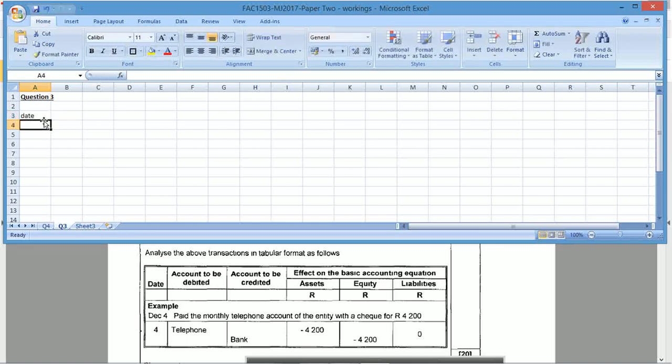Date, debit, credit, assets equal equity plus liabilities.